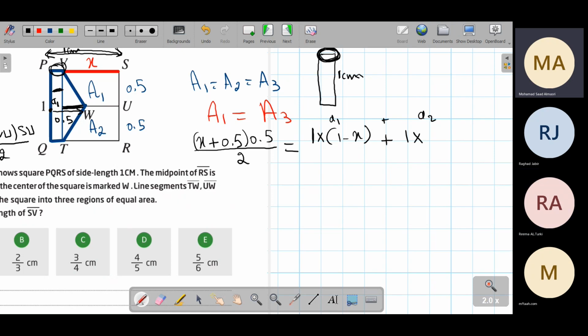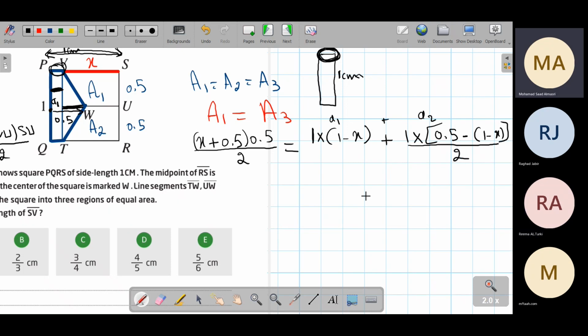This small part is equal to 1 minus x. So the height here is equal to 0.5 minus, in brackets, 1 minus x, of course, over 2.